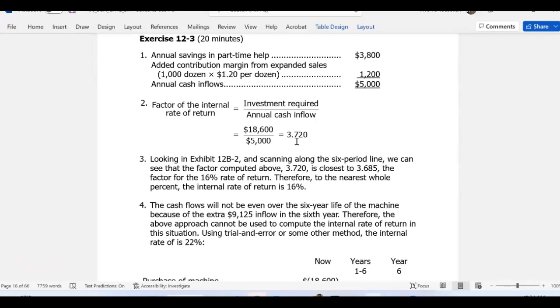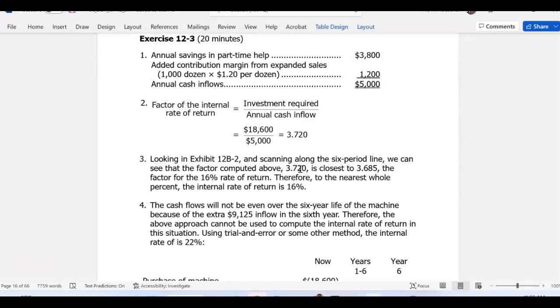3.720. Let me write it down. Okay. Looking in exhibit 12B-2 and scanning along the 6-period row, because N is 6, the 6-year life of the machine.